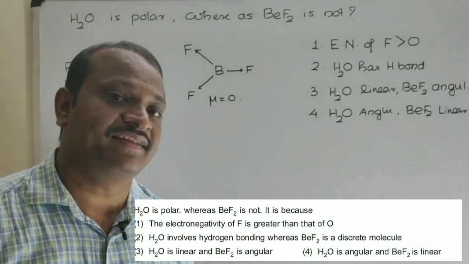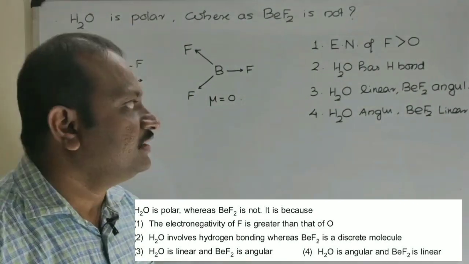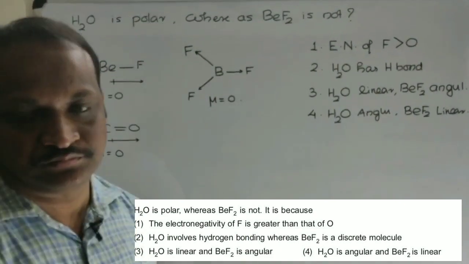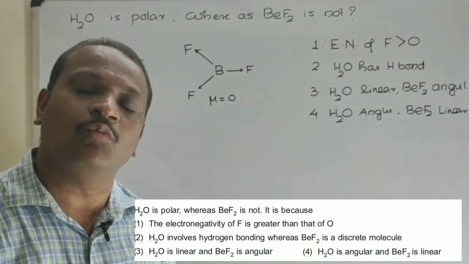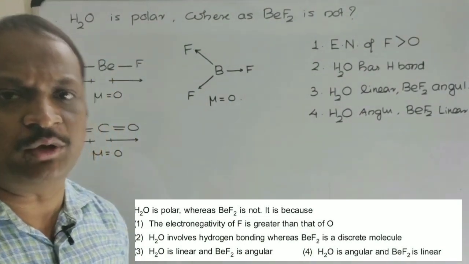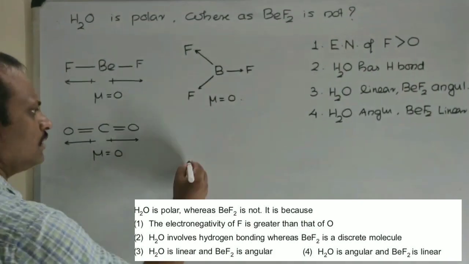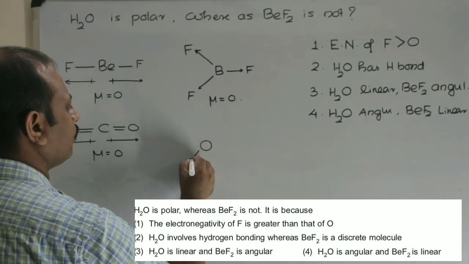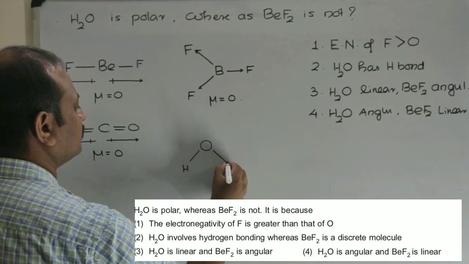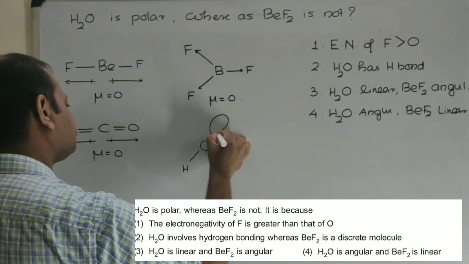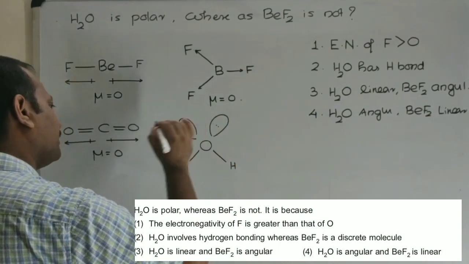Now, let's see some other example. See, we have water. Why does water have a dipole moment? Because of its special structure. See, I'm just drawing a water molecule. You know, water has two lone pairs.